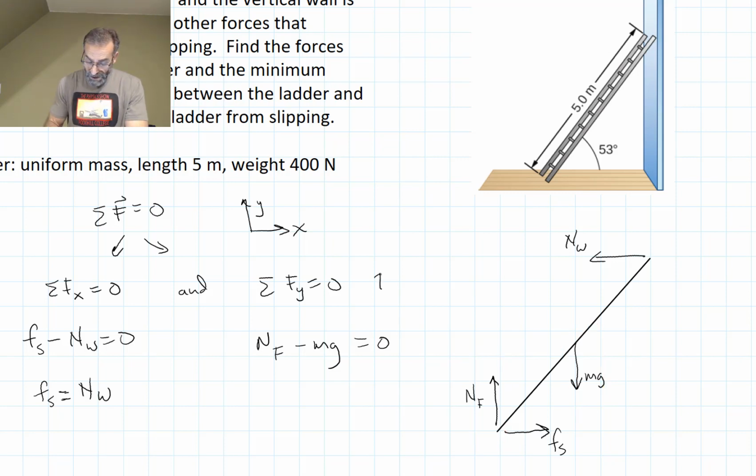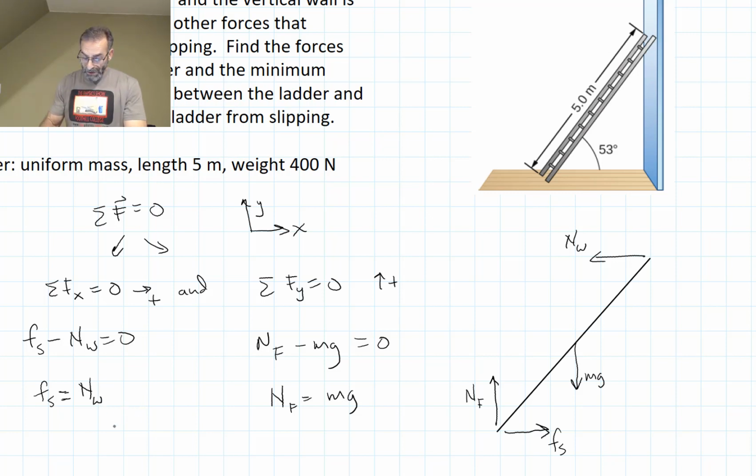I guess I should define a positive direction. There we go. Oh, I did. I did define a positive direction. Okay, so my normal force from the floor is equal to the weight of the ladder, and the friction force is equal to the normal force from the wall.